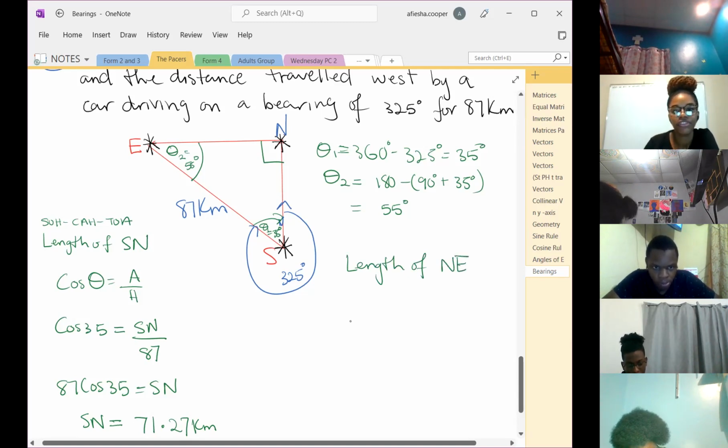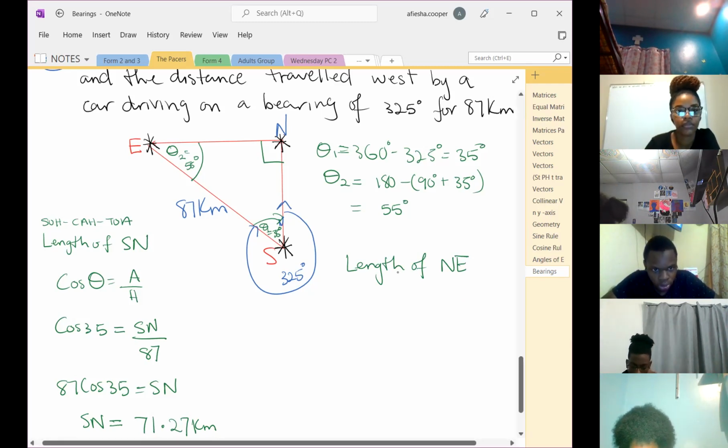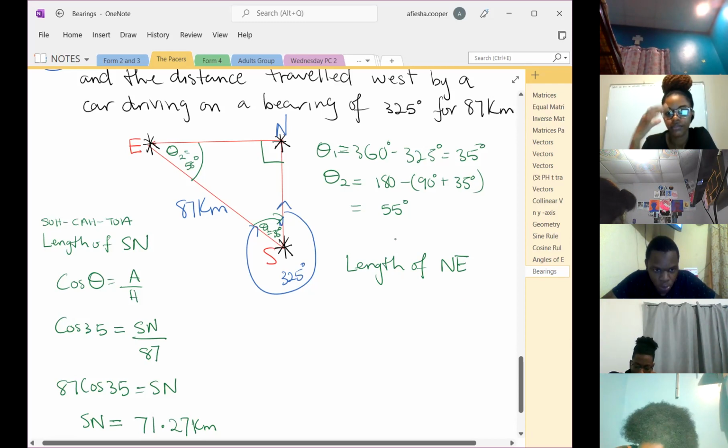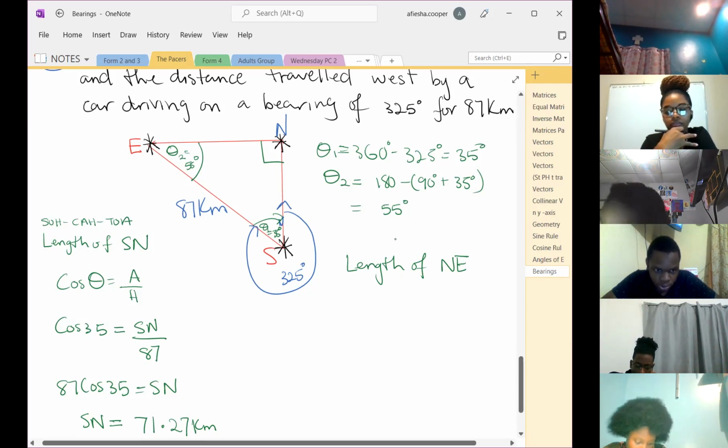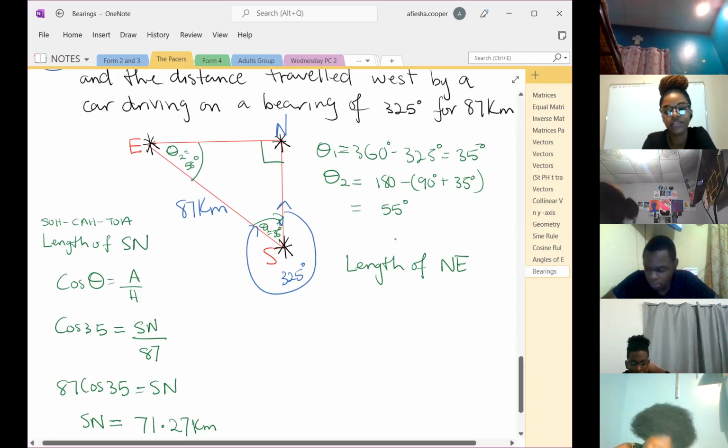Leah, which trig would I use? Choose your angle and tell me which trig you're using. Which angle are you using? Leah, which angle would you like to use?